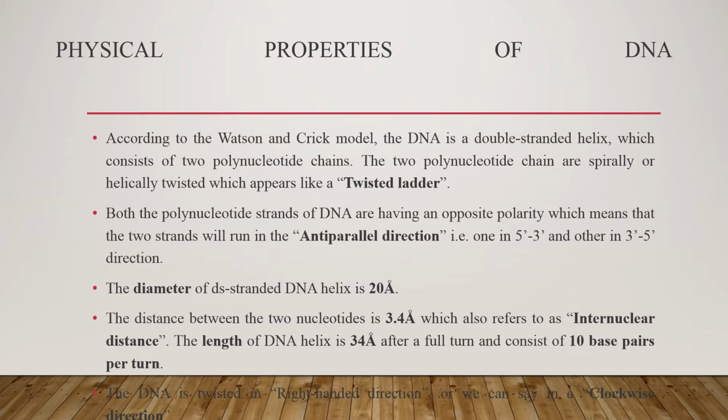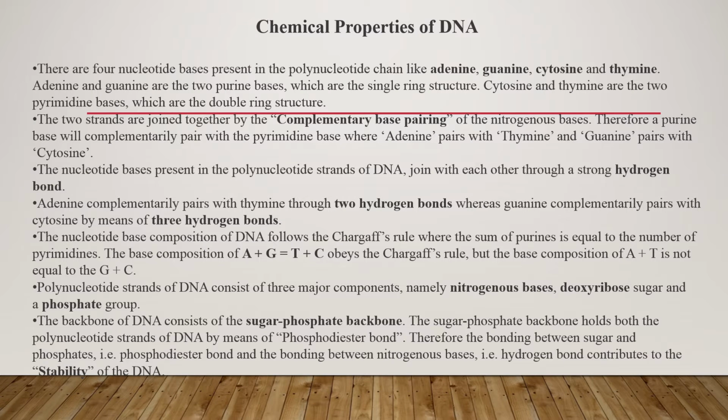The diameter of the double stranded DNA helix is 20 angstroms. The distance between two nucleotides is 3.4 angstroms, which is also referred to as the internucleotide distance. The length of the DNA helix is 34 angstroms after a full turn, which consists of 10 base pairs. The DNA is twisted in a right-handed direction, or we can say in a clockwise direction.